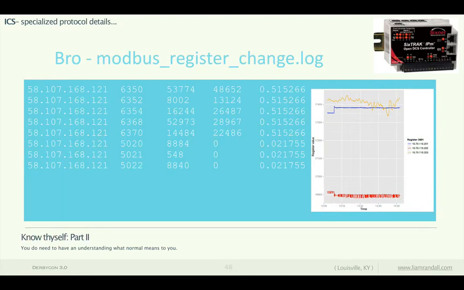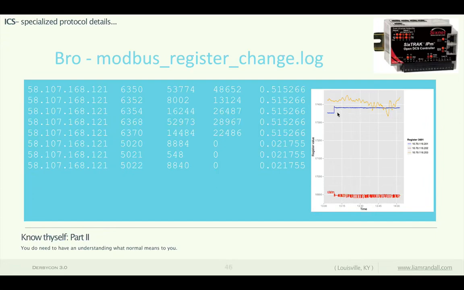Now, this would require some real sophisticated knowledge of what these registers stood for. You'd want to know what register 6352 is, and what a jump from 8000 to 13,000 actually means. Is that relevant or statistically significant in your network?